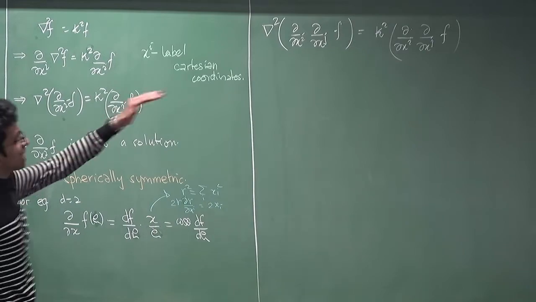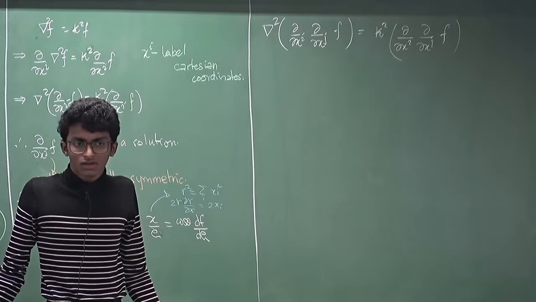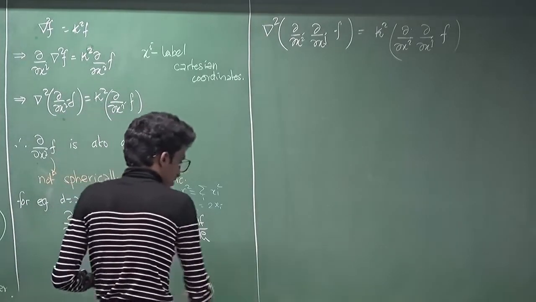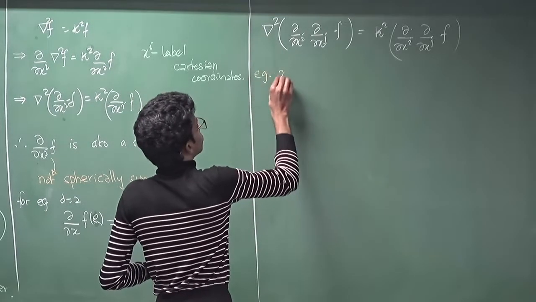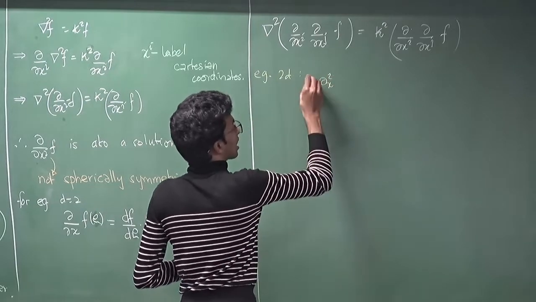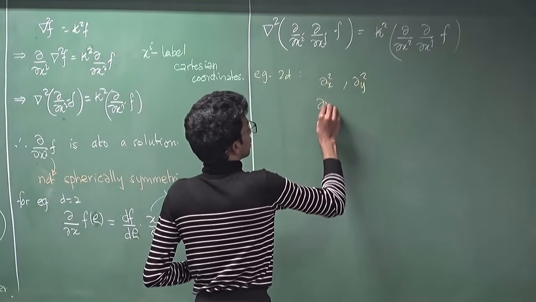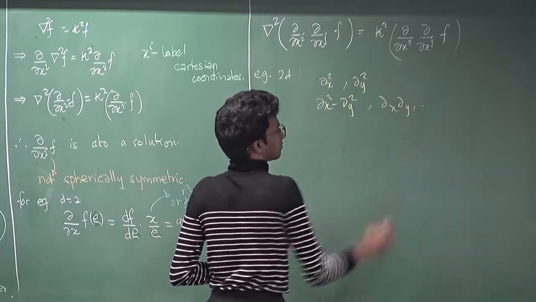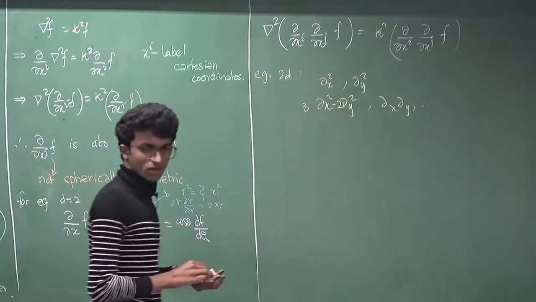I can do del x squared, I can do del y squared, I can do del x squared minus del y squared. There are many different options. For example, in 2D, I can do del x squared, I can even do 3 del x squared, or I can do del y squared, del x squared minus del y squared, del x del y, and so on. I can do 3 times this or 2 times that, and so on.